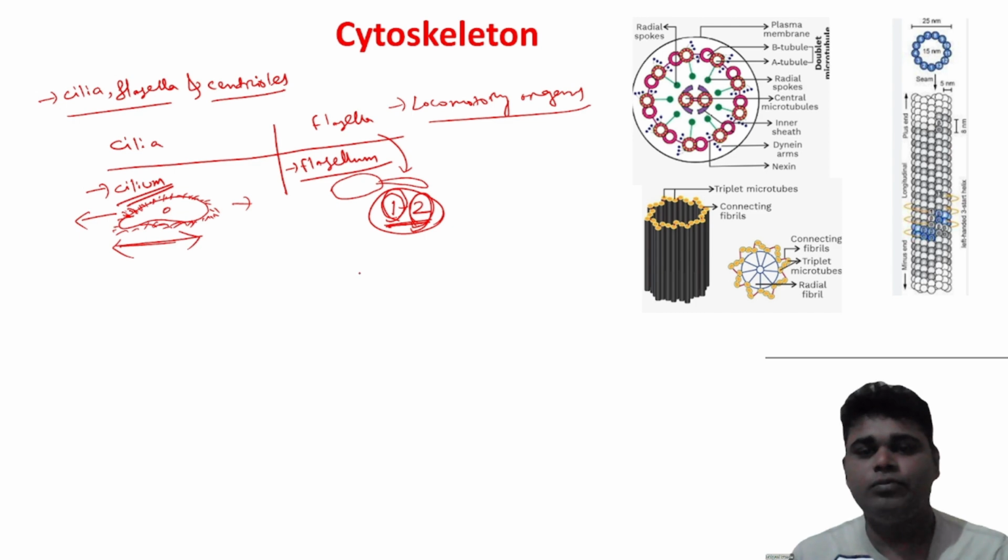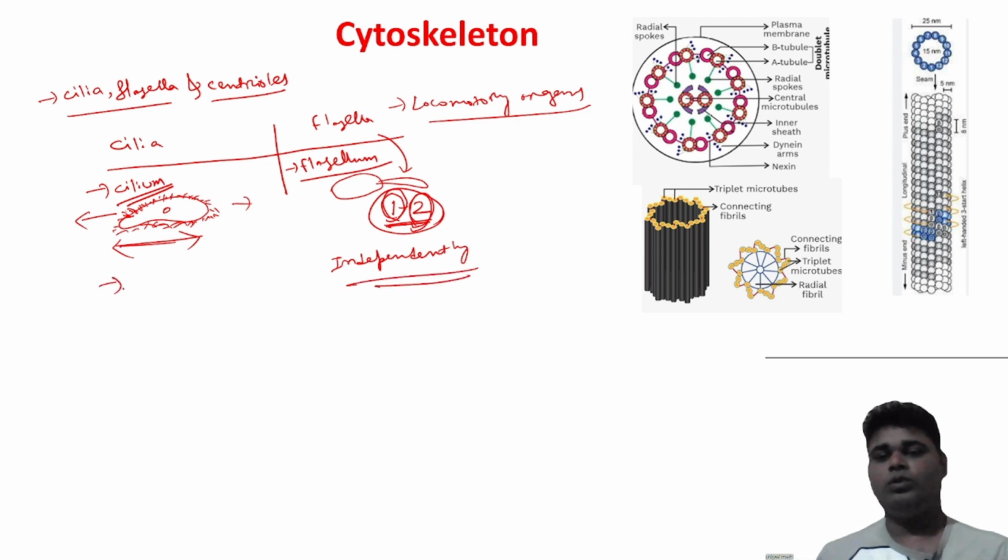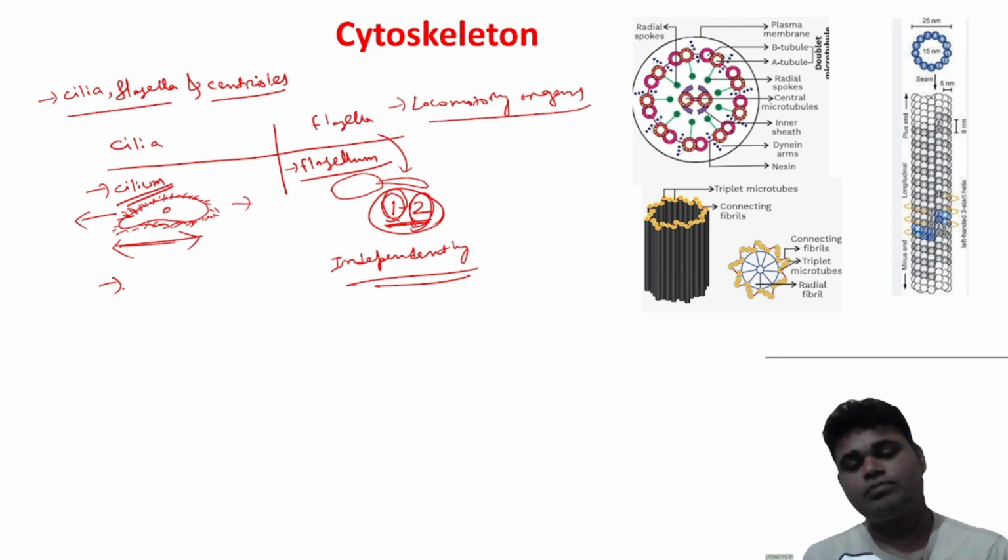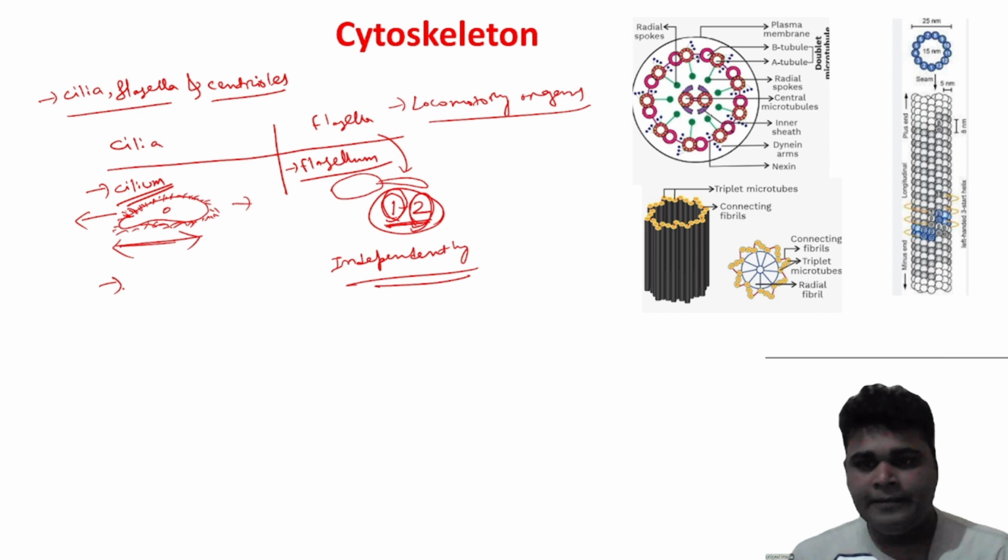That means it can move independently, while the cilia must move in coordination with each other, so that the organism can move either forward or backward. So the cilia move in a running manner. Running manner means all run like this, but the flagella moves in a wave-like manner.